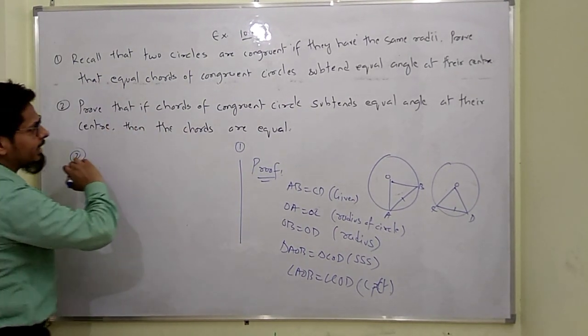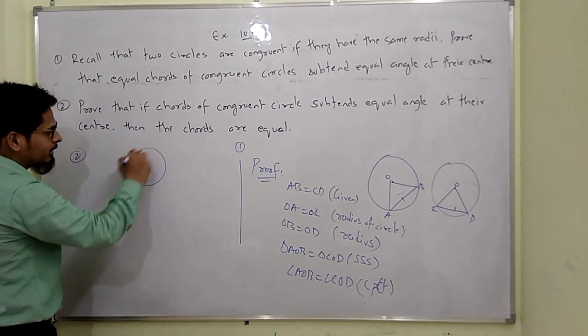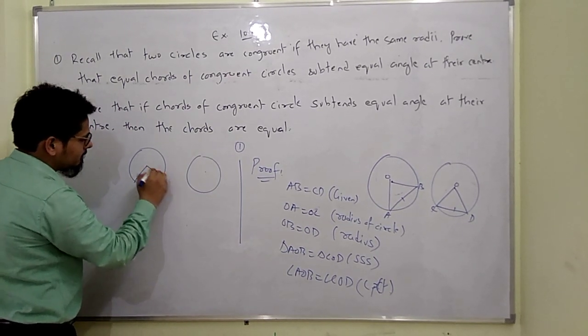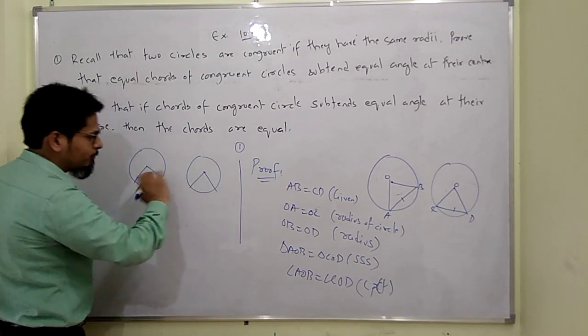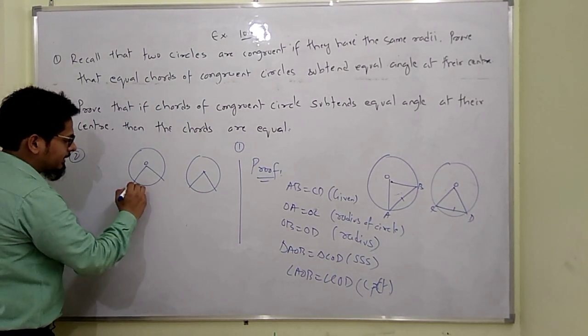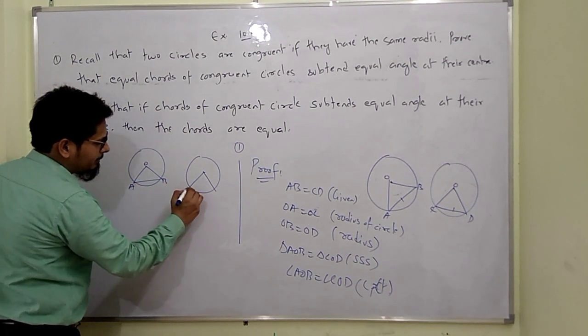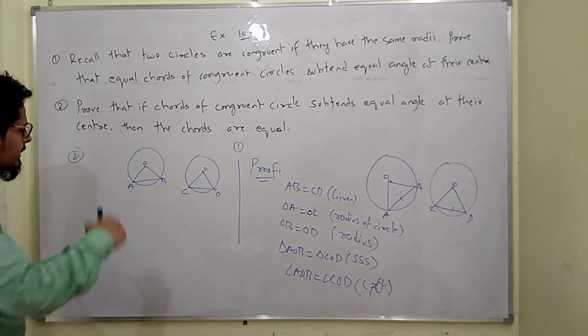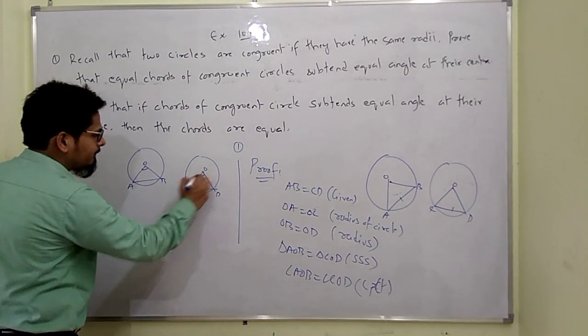Second proving states that there are two circles in the same way. Okay, and the mention is that the radii of both the circles are the same. Both are congruent circles, and the chords are called AB and CD, with center O. Right? It is mentioned here that angle AOB is equal to angle COD.